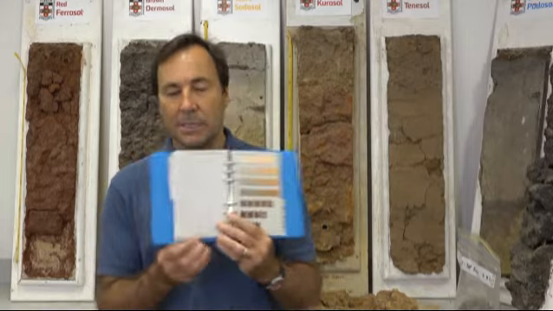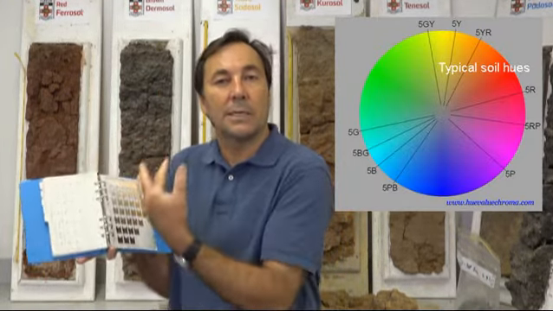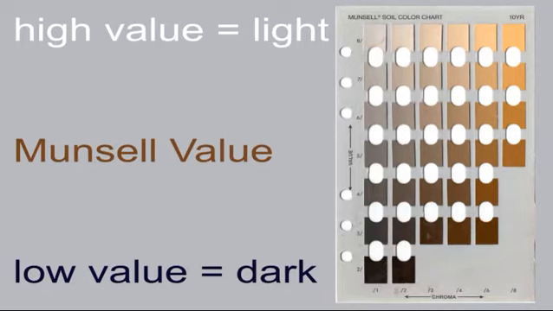Now when we define the soil colour here, it's not in terms of mixtures of cyan, magenta, yellow or black. It's actually in terms of properties that we refer to as the hue. The hue is what we just saw as I went through the book: the redness or the yellow hue. The value is the lightness, and it tends to run from much darker at the bottom to much lighter at the top.